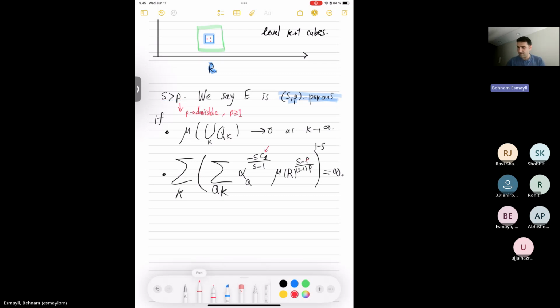You can take C1 actually to be just, I believe, 1. Yeah, you can take it to be 1. So it simplifies a lot. So let me just write it here. If P equals 1 and W is just 1, this reduces to Yang-May-Wu's porosity condition. If you check her paper, just keep in mind that then S is named P in her paper. So it's like P1 porosity.